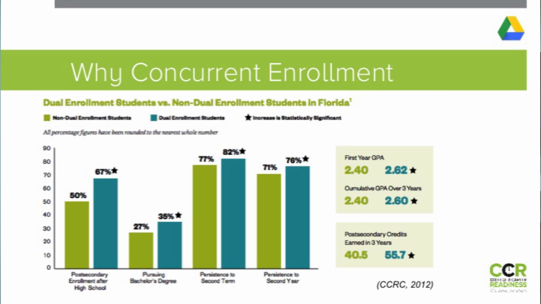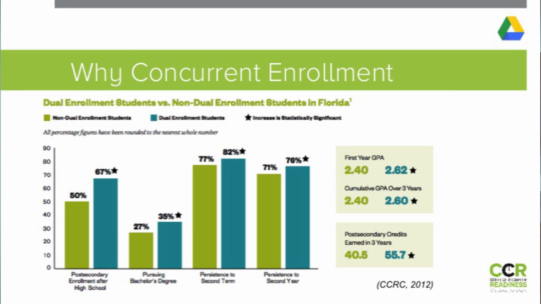And again, you can look at the data on persistence to the second year. So you can see just in the research in Florida, which has a wealth of data there for dual enrollment, there is a statistical advantage for our students to take a dual enrollment course while in high school over those students that have not taken a dual enrollment course.